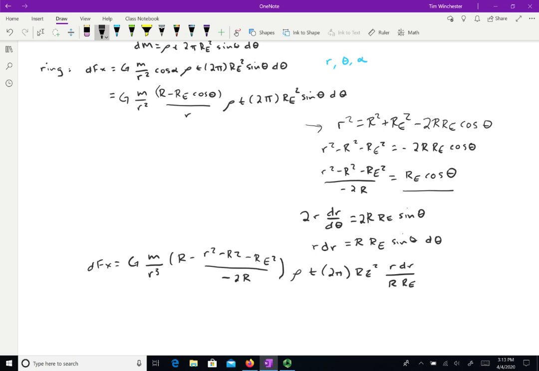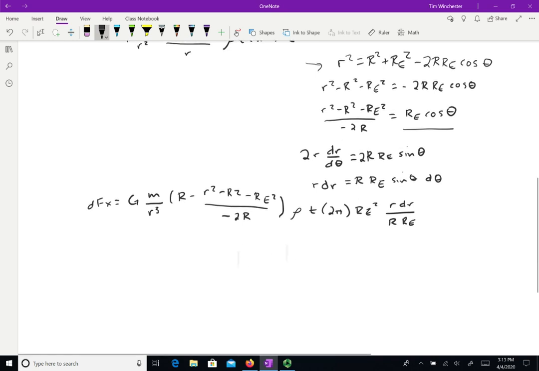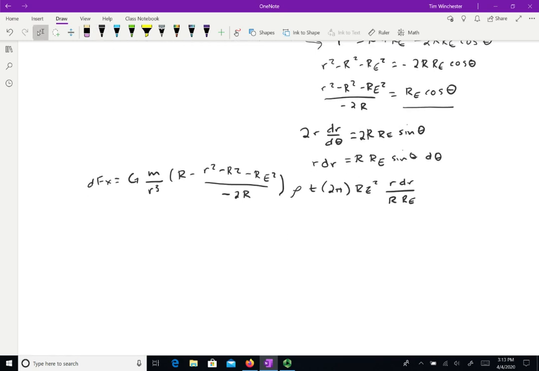Before going much further, I want to clean this up a little bit. So I'm going to move all the constants over that I can. This will be G times M, and then I'm going to have to keep the stuff in parentheses together. But rho t 2 pi R_E squared over r times R_E.